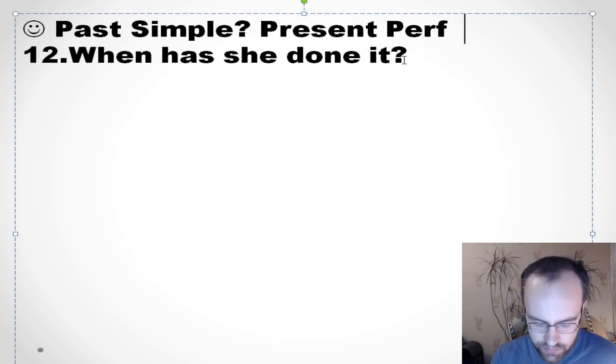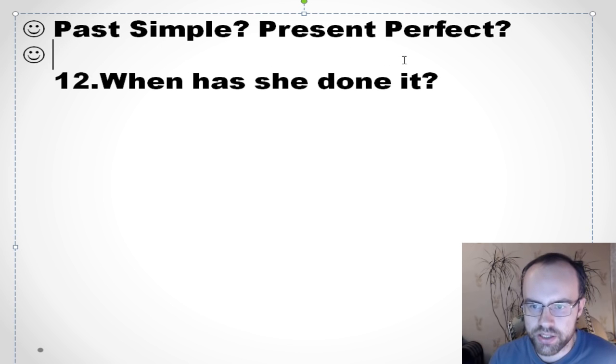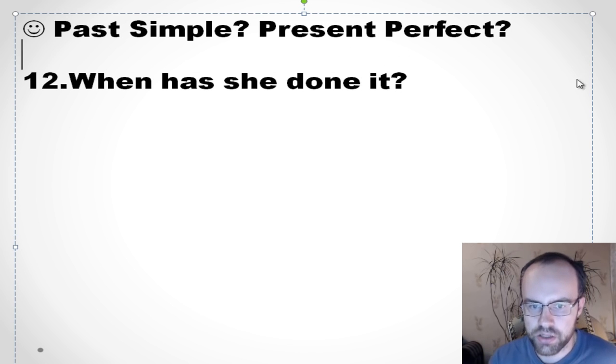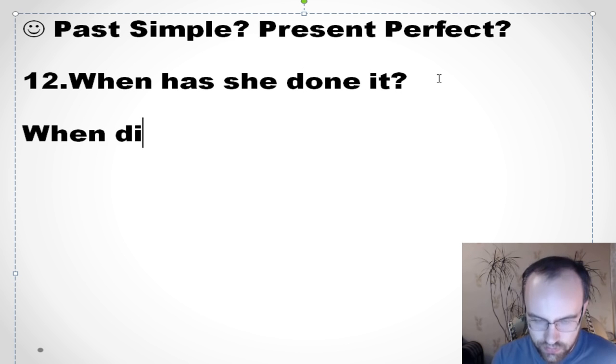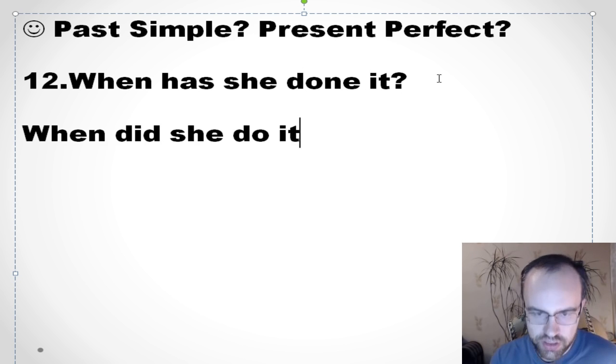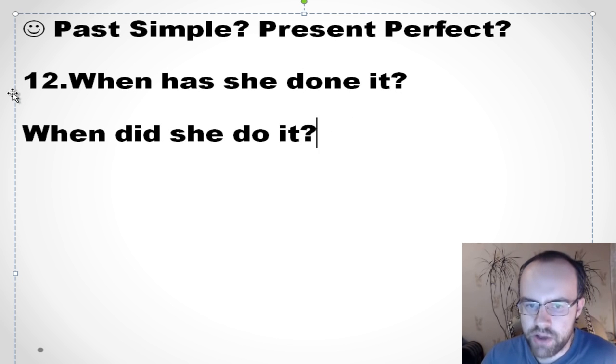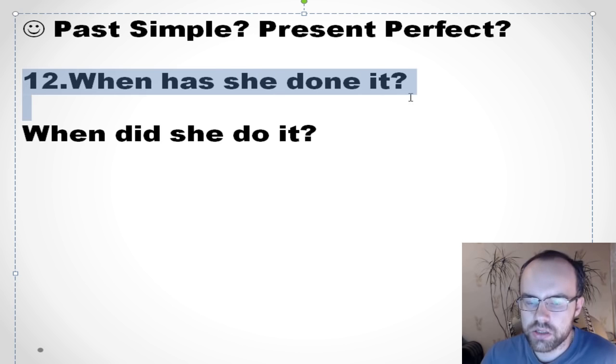Maybe you ask it not in past simple but in present perfect. Maybe you ask, when did she do it? I know that students often say it, when did she do it? Yeah, it's correct. But sometimes they say it the other way.